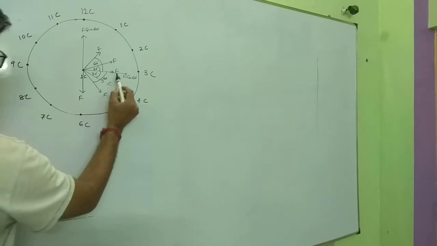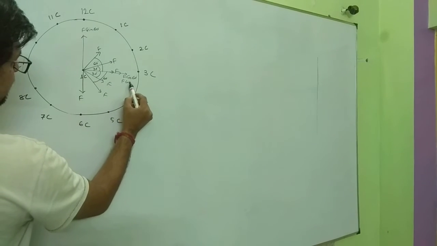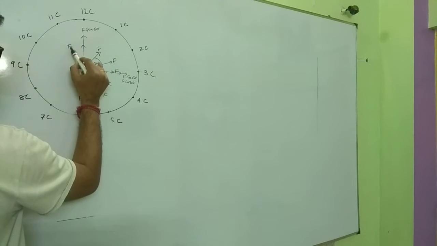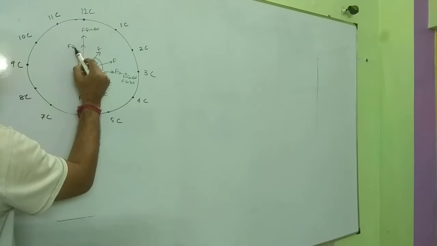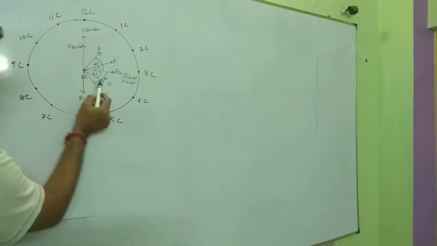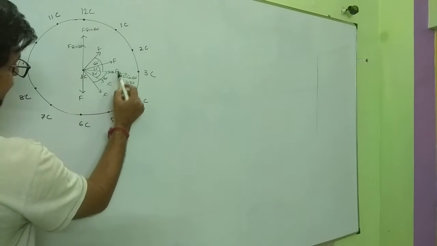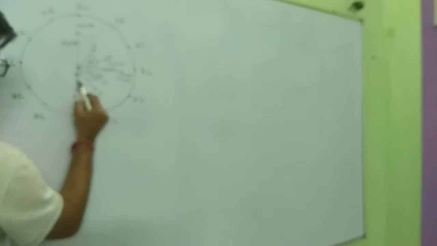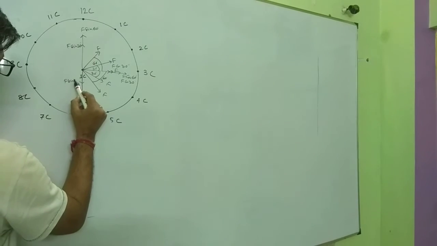Similarly, this F also has a component F cos 30 in this direction, and in the upward direction F sin 30. Similarly, in the downward direction, this F also has F cos 30 in this direction, and in the downward direction F sin 30.